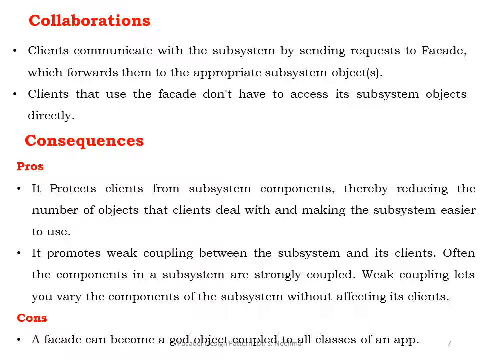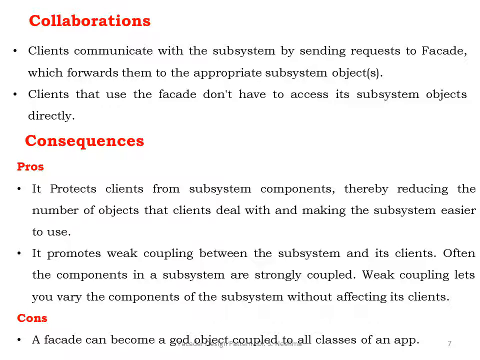Now we'll see the collaboration among the participants of the pattern. Here the clients communicate with the subsystem by sending requests to the facade, which in turn forwards them to the appropriate subsystem objects. Clients that use the facade do not need to access the subsystem objects directly.